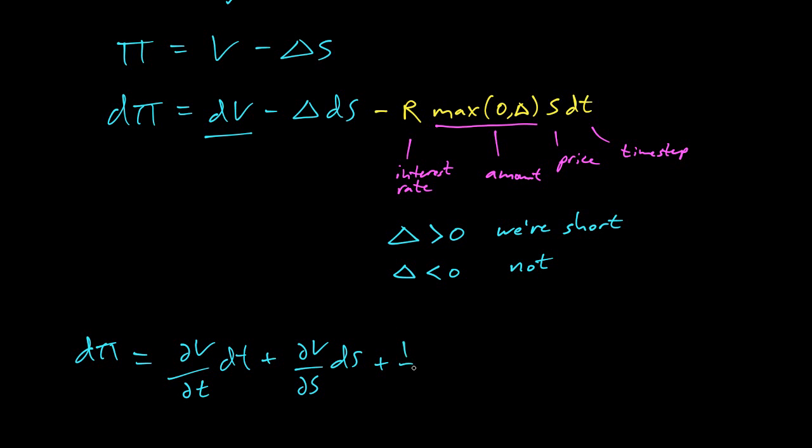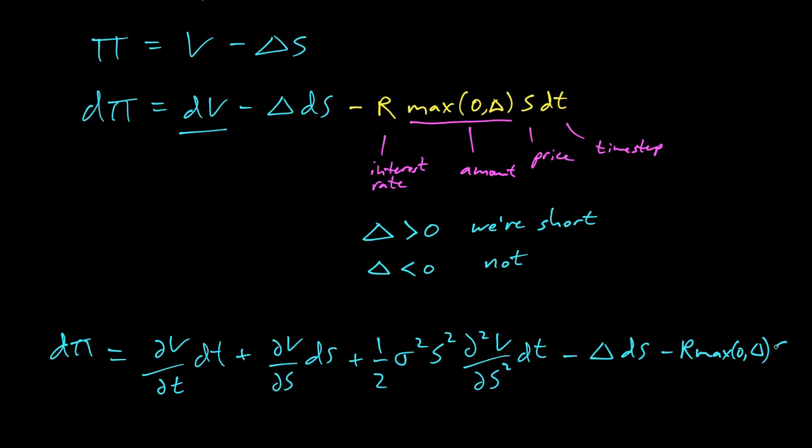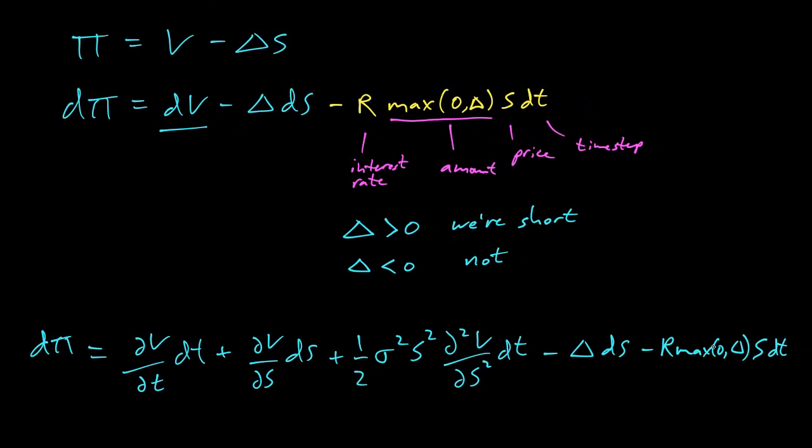And you have to have the squared term, so sigma squared S squared, second derivative of V with respect to S dt. And now get the rest of the equation, minus delta dS minus r max of 0 and delta S dt. Running out of room.